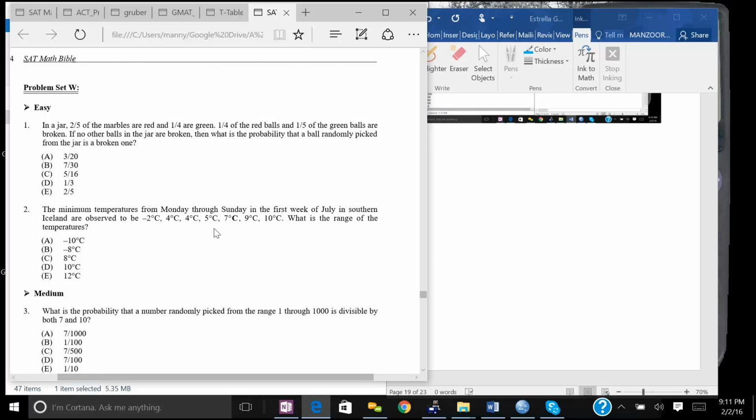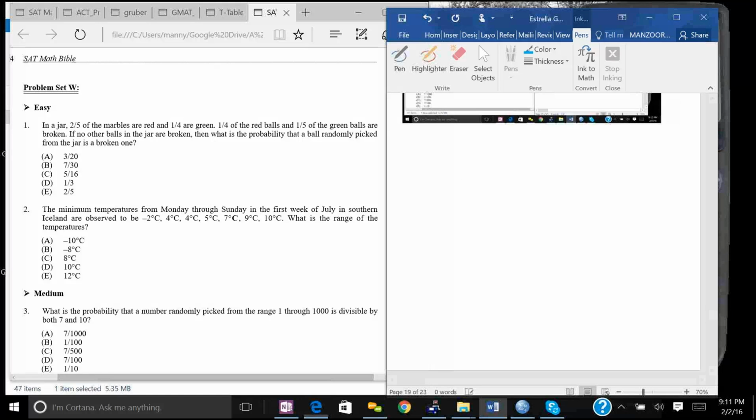So what is the difference? 10 minus -2. No, it's not 10. Think about it. If you have a number line, 10 and 2, you see why? 12. Got it. 10 minus -2 is 10 plus 2, which is 12.